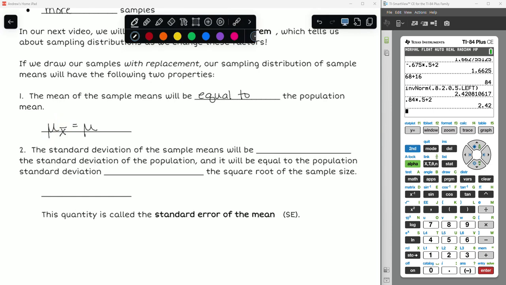The other thing we know is that the standard deviation of the sample means will be smaller than the standard deviation of the population. Specifically, that it will be equal to the population standard deviation divided by the square root of the sample size.